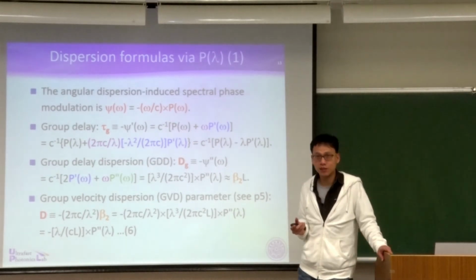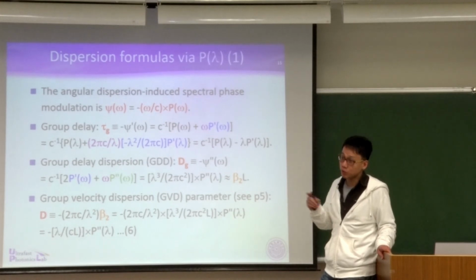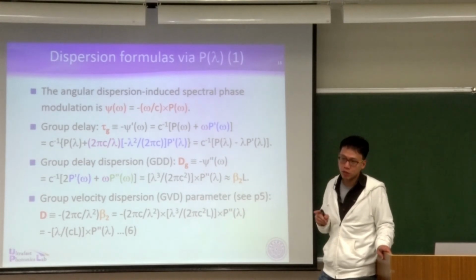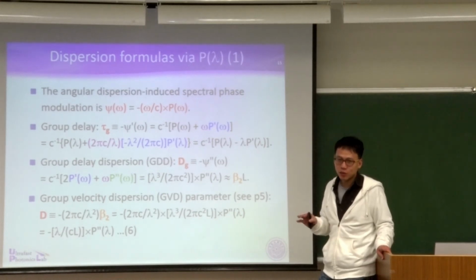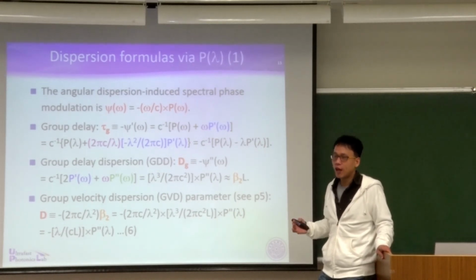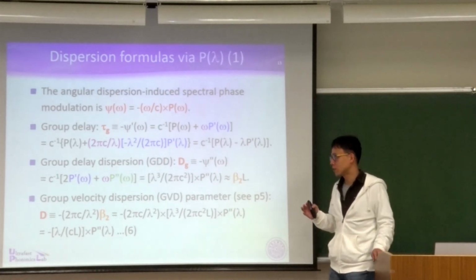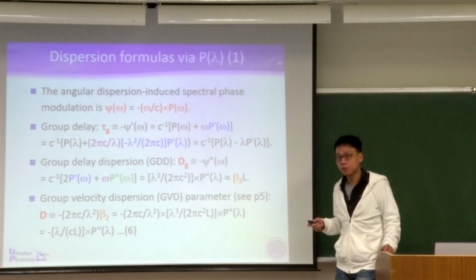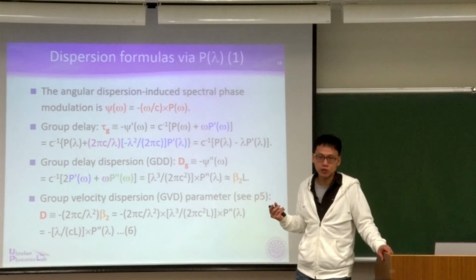So what have we done in this page? Tau g, Dg, and big D are all physical parameters we have simplified. Previously we saw these formulas when there is material dispersion only. Here we are talking about the impact of angular dispersion, but material dispersion is still taken into account, because P of omega or P of lambda can have n as a function of omega, the material dispersion.